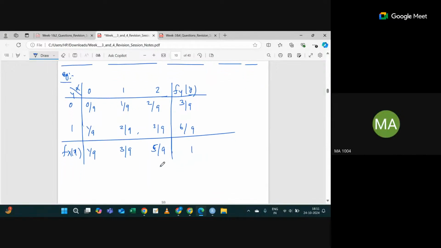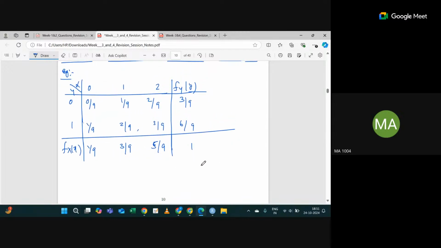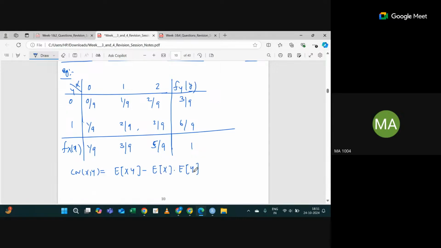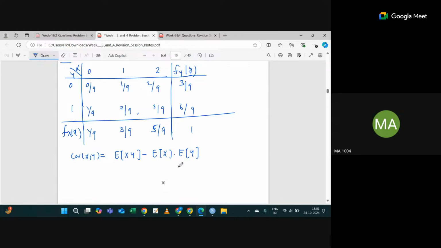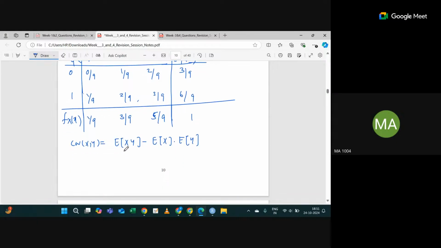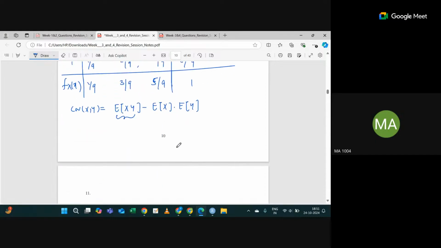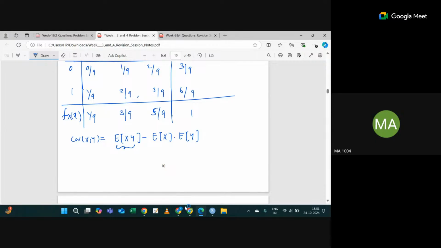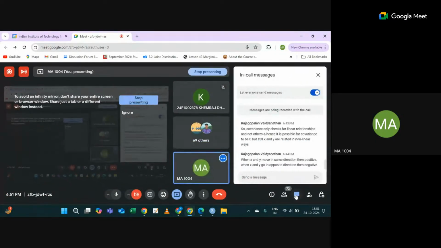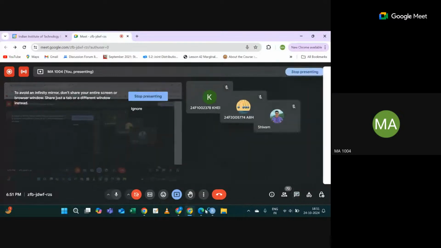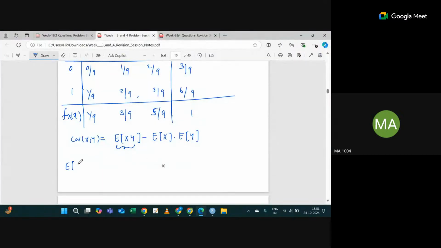Okay, so suppose the question is what will be the covariance between x comma y? Then what is the formula? Expectation of x into y minus expectation of x into expectation of y, right? So first, how will you calculate the expectation of x?